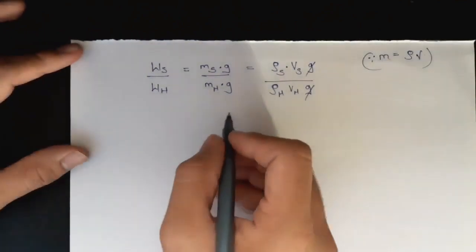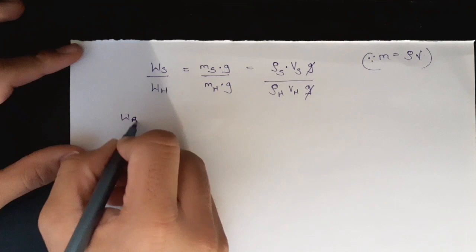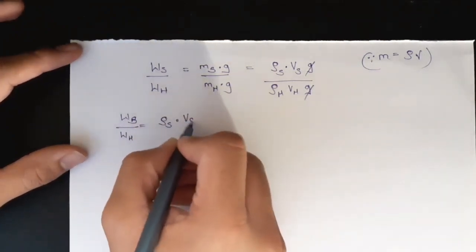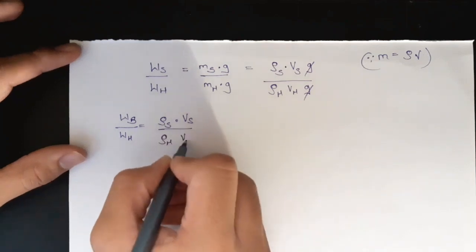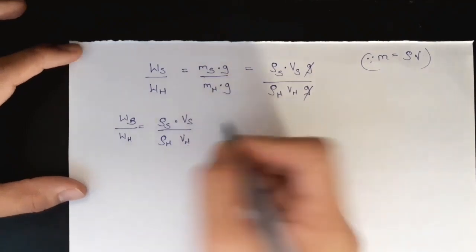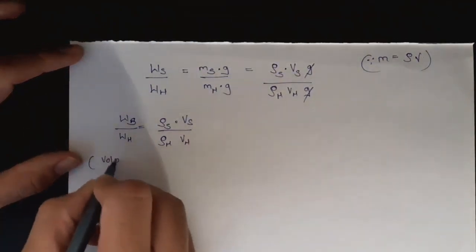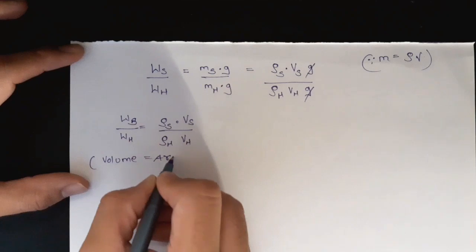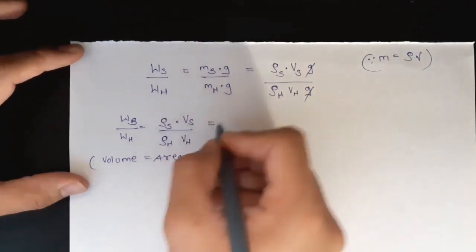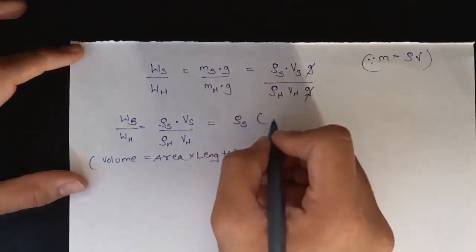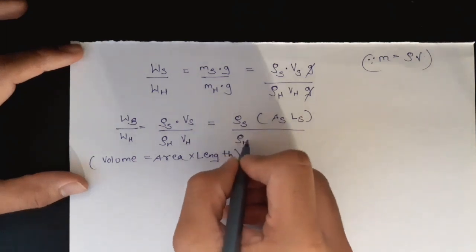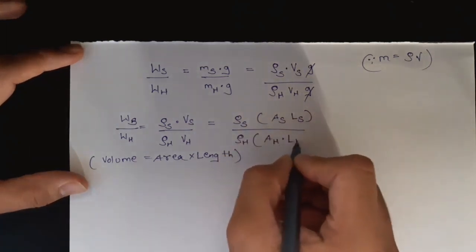So Ws upon Wh equals rho s into Vs upon rho h into Vh, where Vs and Vh are the volumes of solid and hollow shaft. As we know, volume equals area into length. So it equals rho s into area As into Ls upon rho h into Ah into Lh.